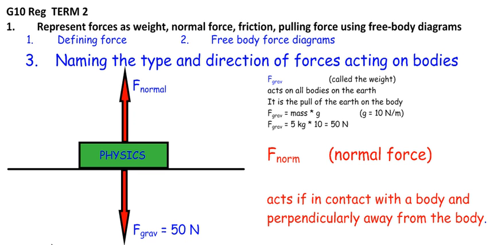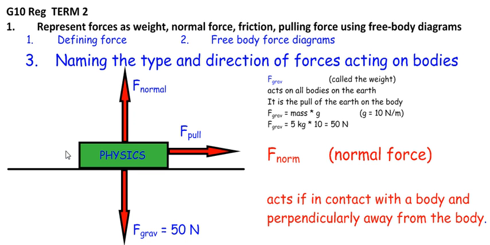Now, if these two were the only forces acting on the body, it would remain stationary. In order for it to move, let's say to the right, we have to apply a force on it. And so that is a pushing force. Or, in fact, if we acted it this way, it would be a pulling force. If such a force were acting on a body, we could label it with an arrow to the right, F pull, or F push if we were acting from behind.